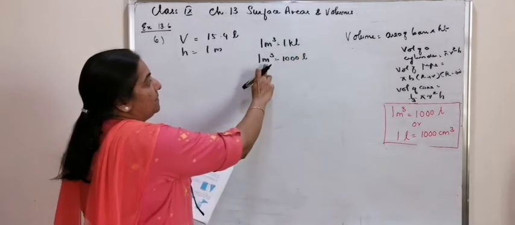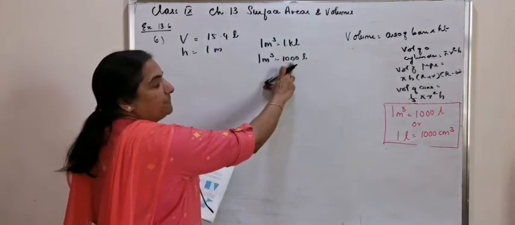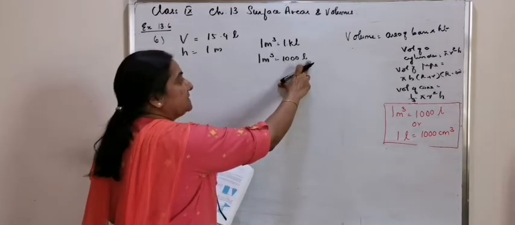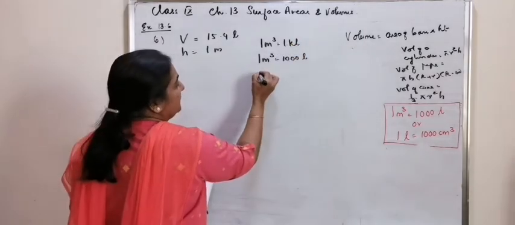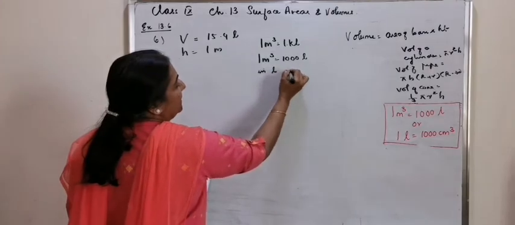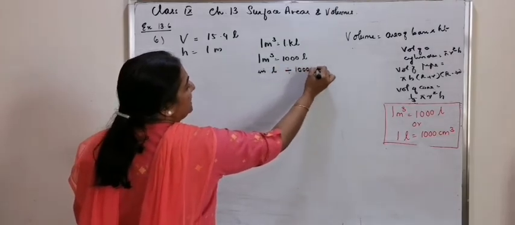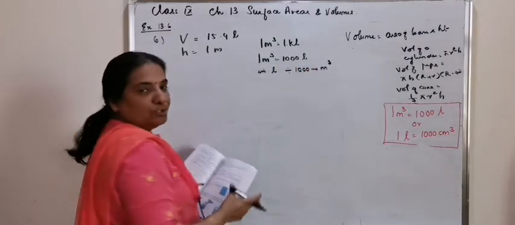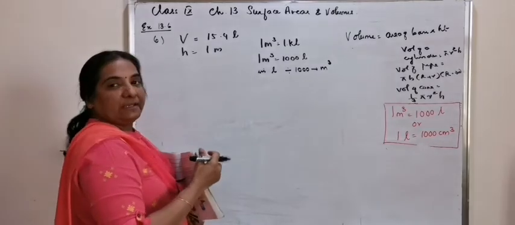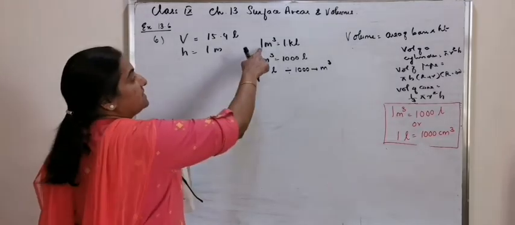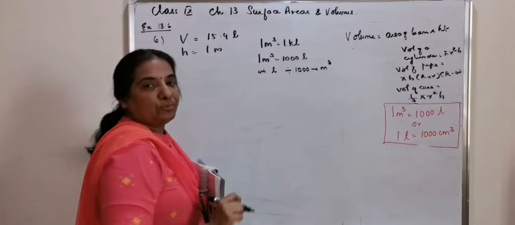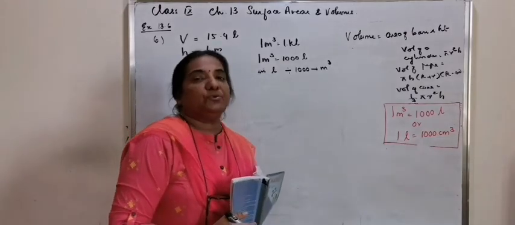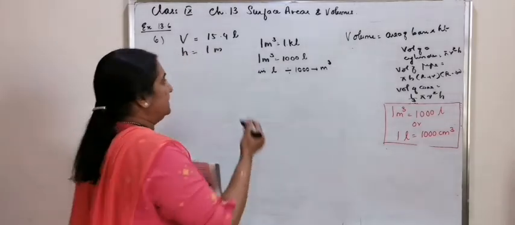When you get the volume in meter cubed, you will multiply by 1000 to get liters. So when volume is in liters, you will divide by 1000 to get meter cubed. So even if you forget the rules, you can just write 1 meter cubed is equal to 1 kiloliter. From there you can derive the method.